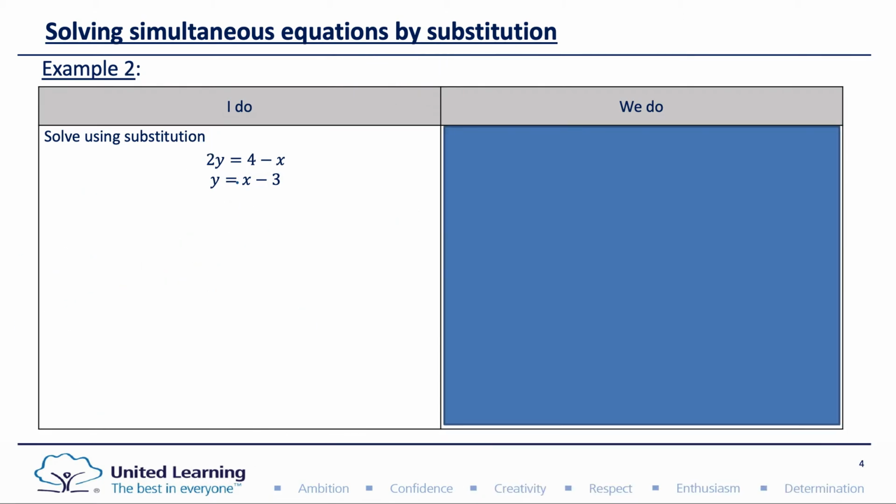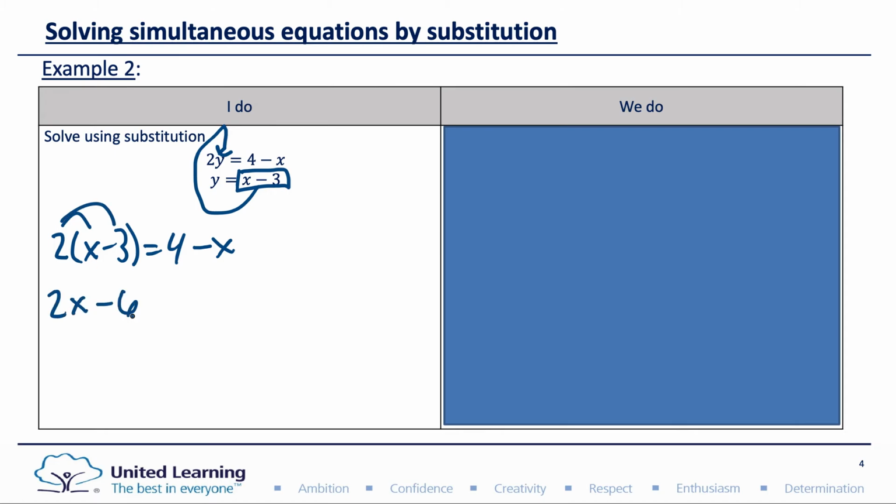Okay, let's try one more. So again, look, super easy to substitute this in for that. So let me do it. And then expand out. And now let's go ahead and combine our x terms.